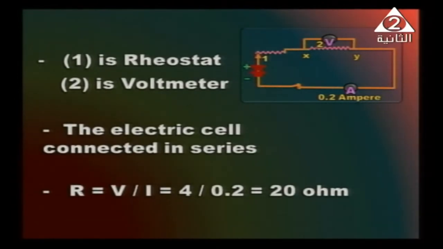Again, the potential difference equals 4 because the electric cells are connected in series, so 4 is the summation of the electromotive force of the two electric cells, divided by 0.2, which is written on the ammeter, equals 20 ohm.